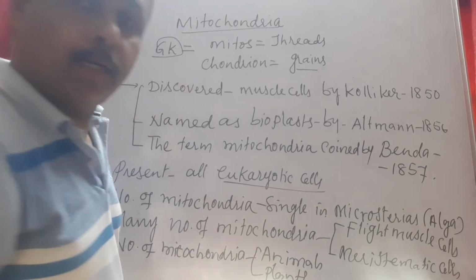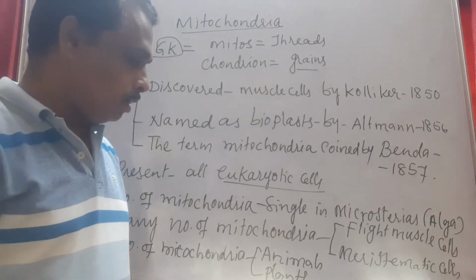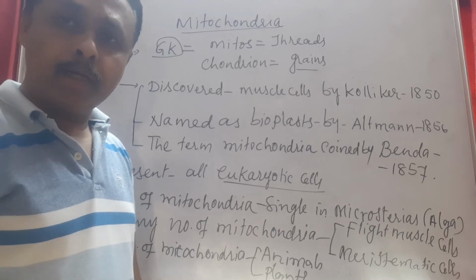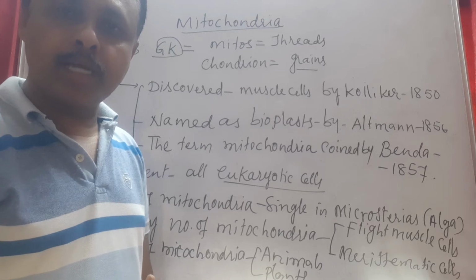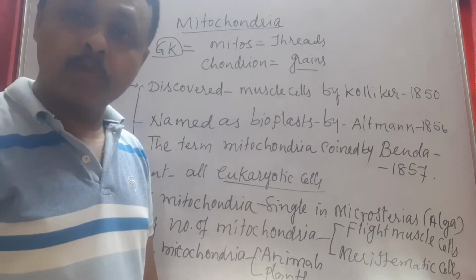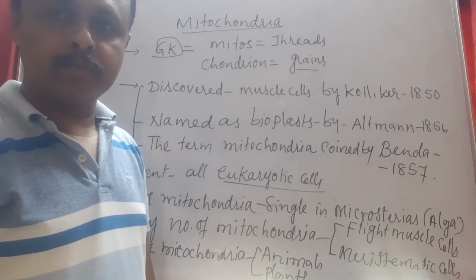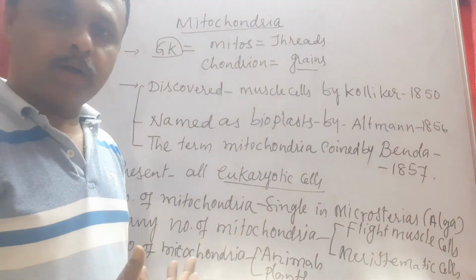Usually in plants the number of mitochondria will be less, whereas in animals more mitochondria will be present. Why? Mitochondria is nothing but the powerhouse of the cell, which provides energy. That's the reason why the number of mitochondria will be more.